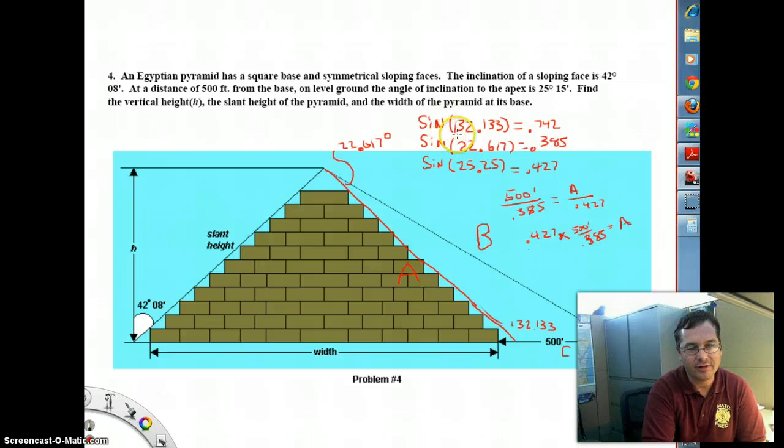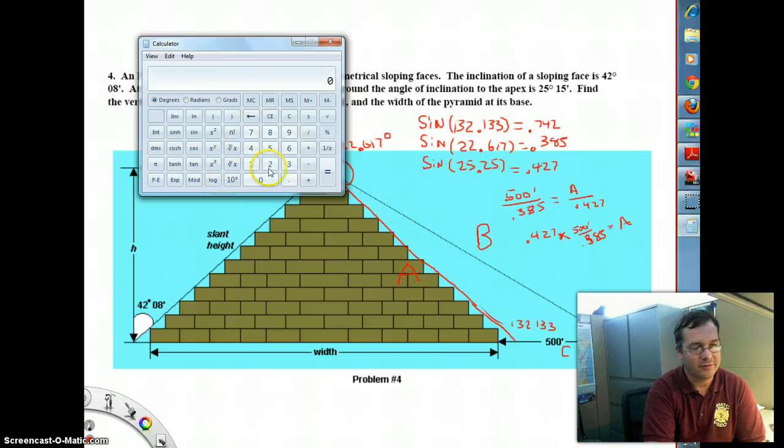I've just gone ahead and used the calculator to find sine values for each of the 3 angles. And I set up a proportion as we had in the last step, right? So 500, which is the length of side C, over the sine of angle C equals A over the sine of angle A. Then all I have to do is multiply both sides by this denominator to get A by itself, and this is what the formula starts to look like. So we can just solve this using the calculator now.